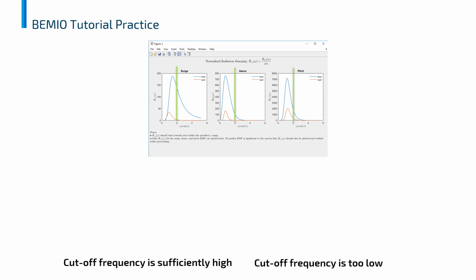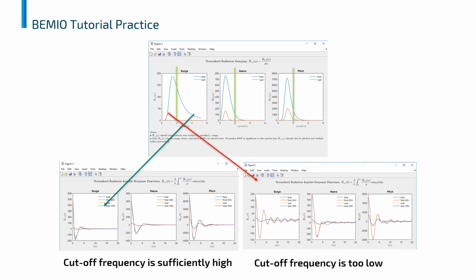So let's see what happens if you decide to cut off the frequency. When your cutoff frequency is sufficiently high, what you can see is that the normalized radiation impulse response function tends towards zero, and that's a good result.